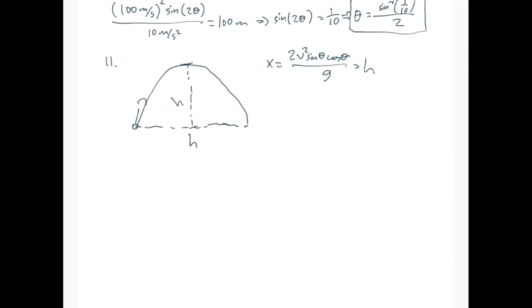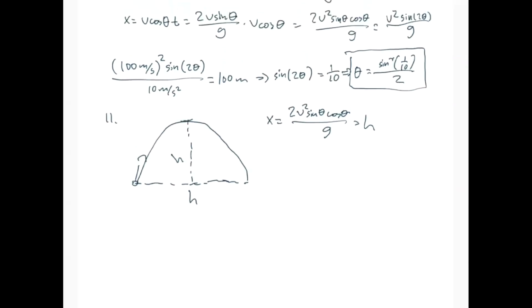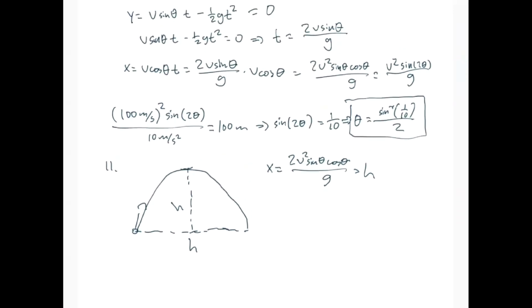Now, what's its maximum height? Well, we know that at its maximum height, the y velocity has to be equal to 0. Why is this? If it has a positive y velocity, then it'll continue going up.